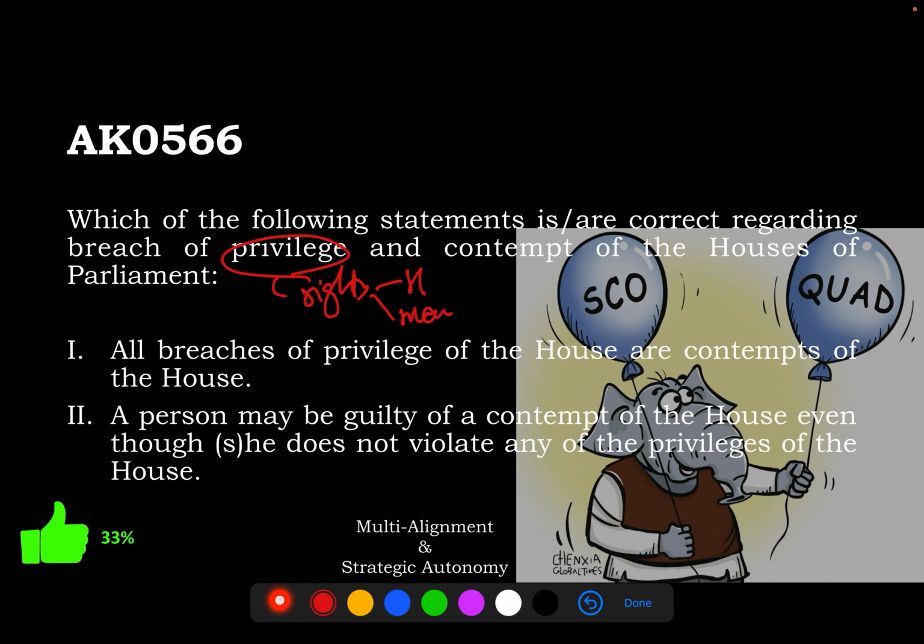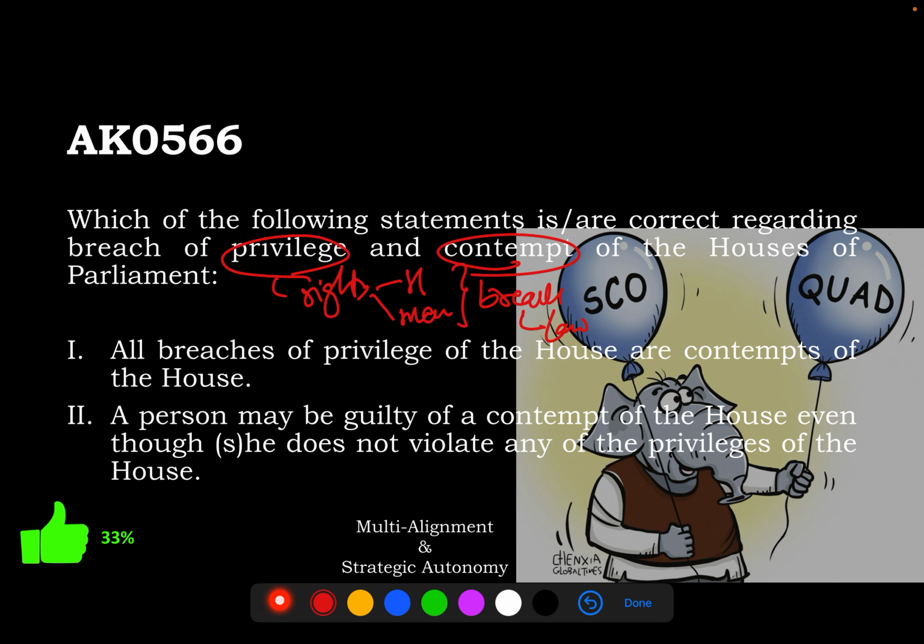And they exceed those possessed by other bodies or individuals like you and me. So they have more than us. When any of these rights and immunities is disregarded or attacked, that offense is called breach of privilege, and it is punishable under a law made by parliament.